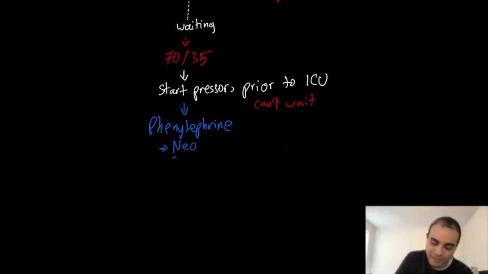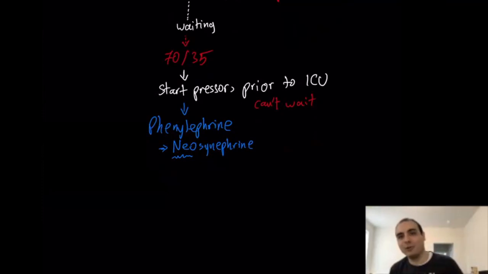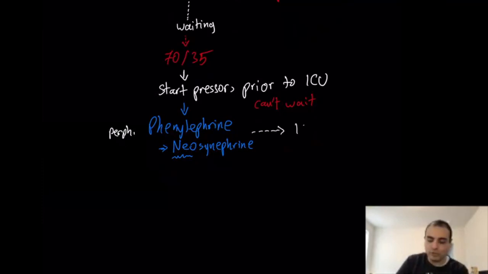You will hear them say Neo because it's called neosynephrine. That's just the trade name, and everybody calls it Neo, and no one calls it phenylephrine. So you can give peripheral Neo, or peripheral phenylephrine. And you give it until the patient eventually goes to the ICU.